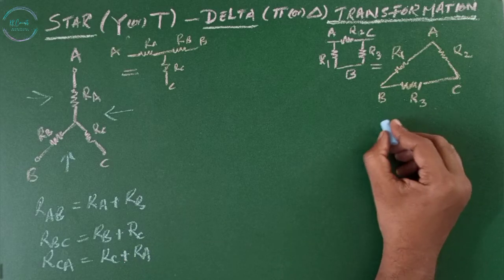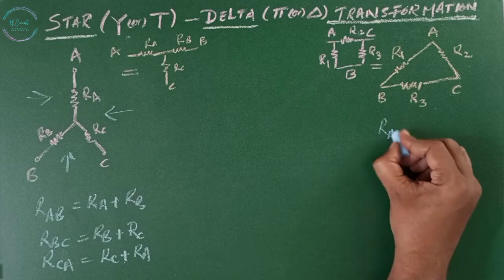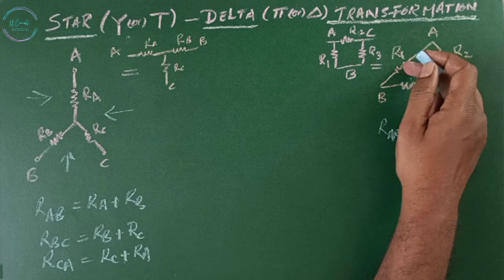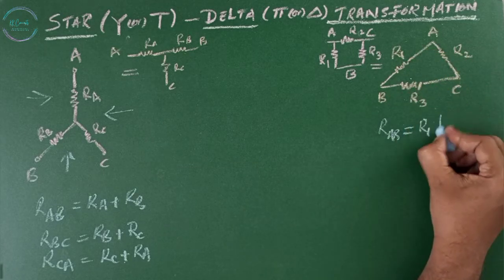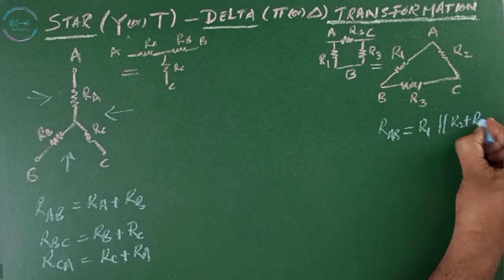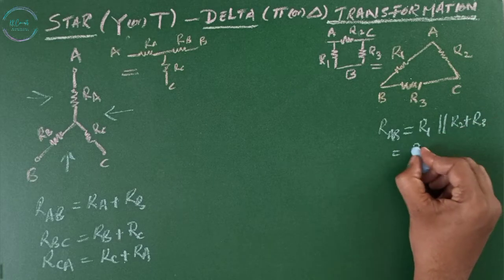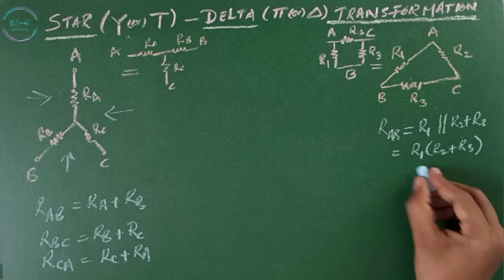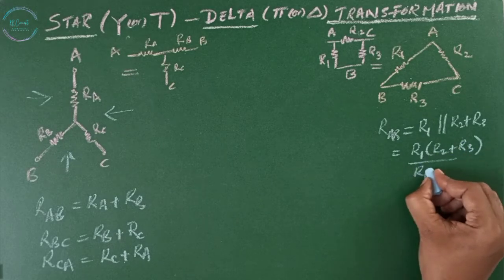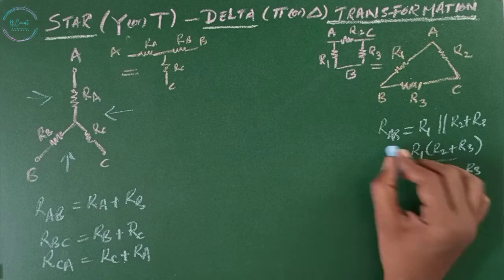In delta connection, RAB, with the resistances R1, R2, R3: R1 is in parallel with R2 plus R3. Then RAB is R1 multiplied by (R2 plus R3) divided by (R1 plus R2 plus R3).